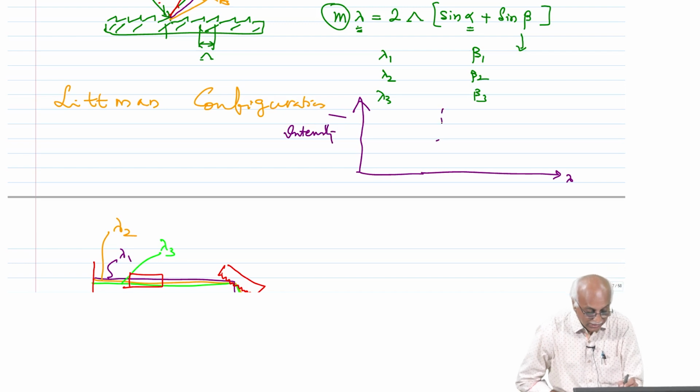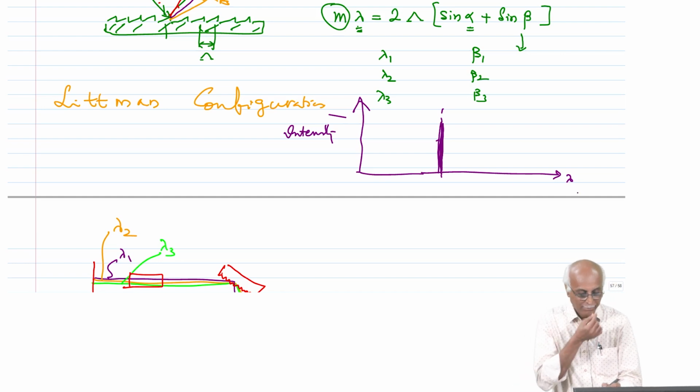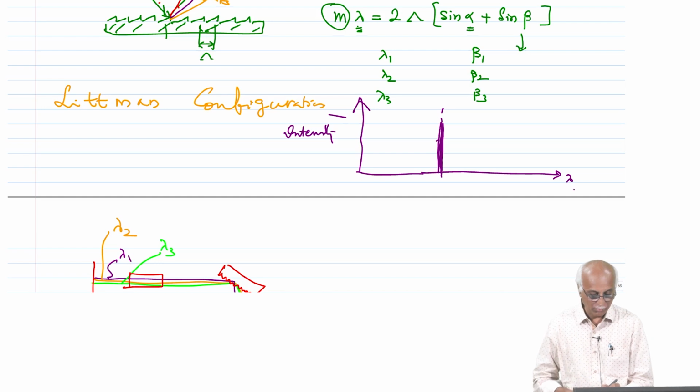What you will see at the 0th order, m equal to 0, is that all the wavelengths will be at one line. This represents spectral dispersion. This is the m equal to 0 mode.